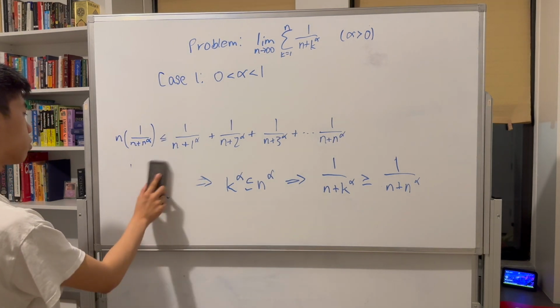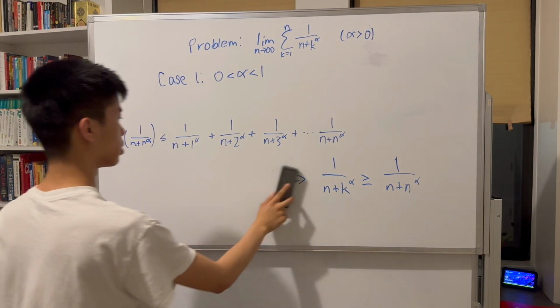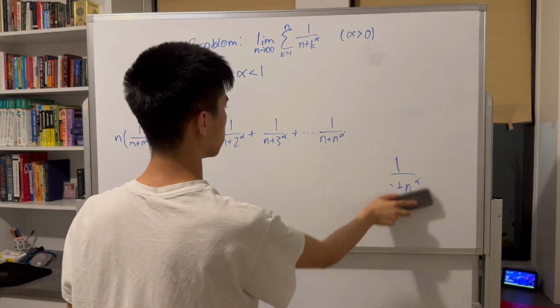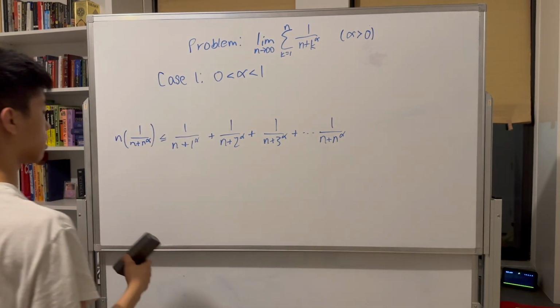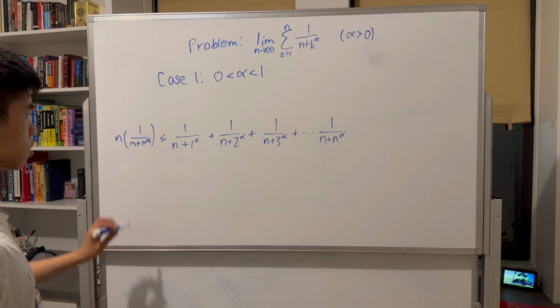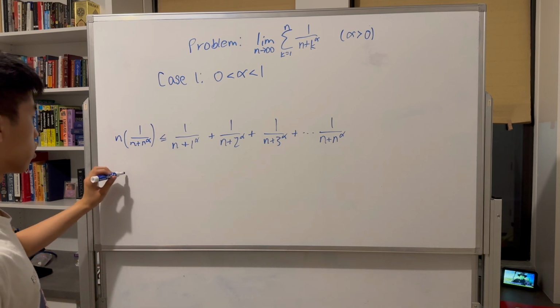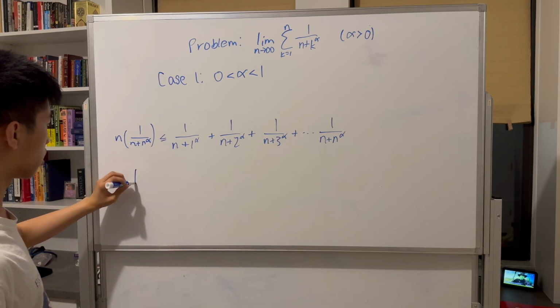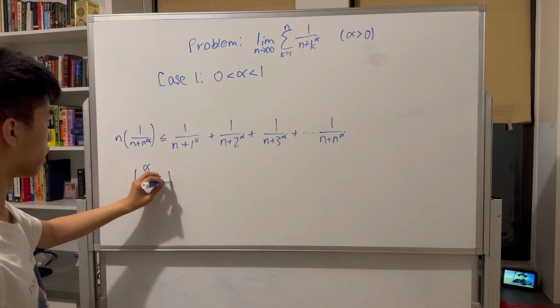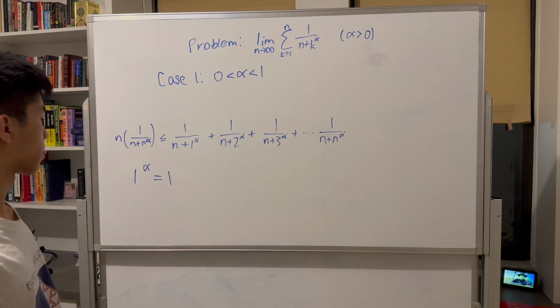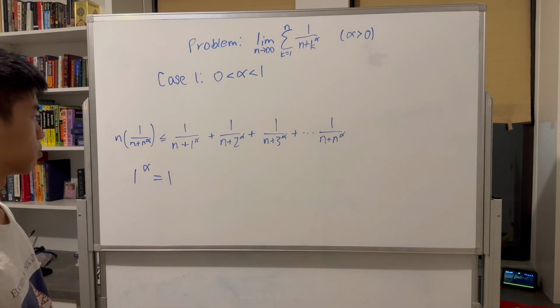Cool. Now we also have to establish a particularly helpful upper bound. First of all, we know that 1 to the alpha is equal to 1. That's pretty simple.